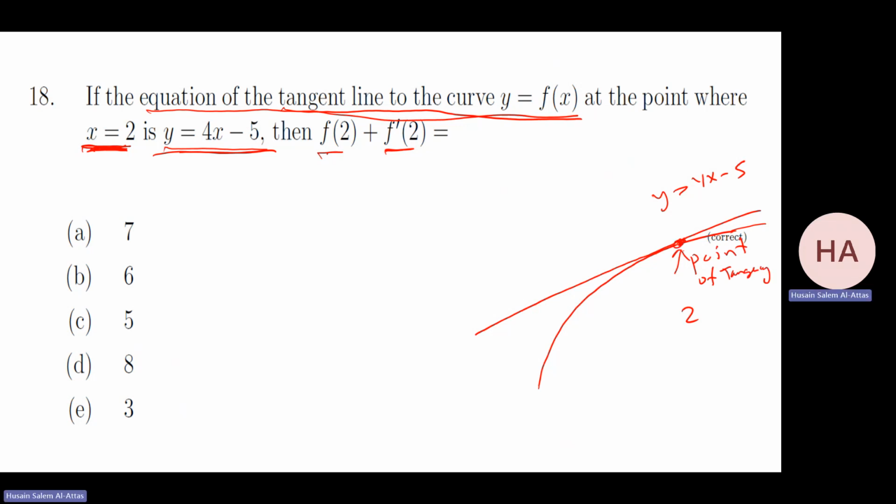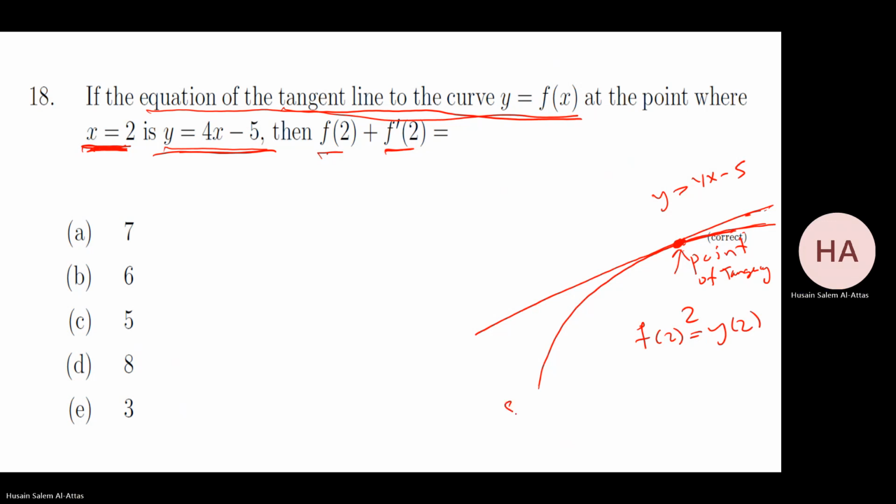Why? At this point, the function, the curve I mean, and the line, they agree. f at 2 is the same as y at 2. The curve and the line agree at 2.